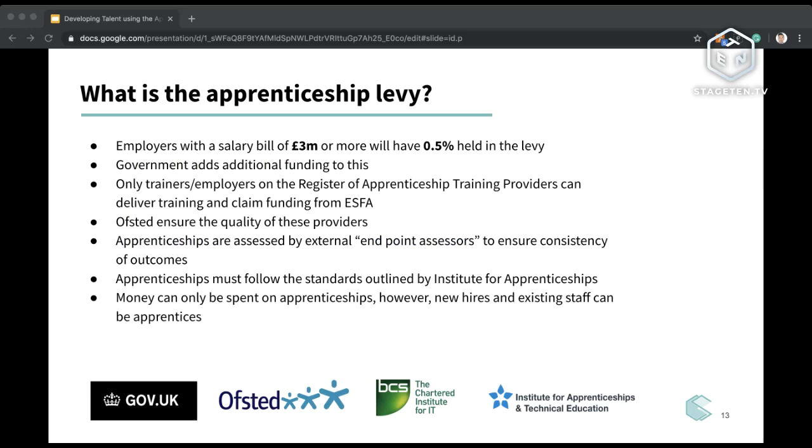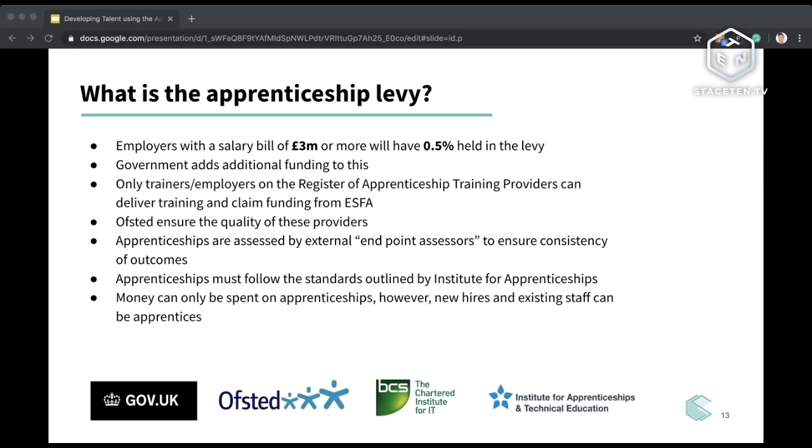Those training providers are Ofsted inspected and audited to ensure quality, same as a school or a college. Apprenticeships are assessed by external endpoint assessors. As I said, this ensures consistency of outcomes and means that the qualification awarded has credibility.